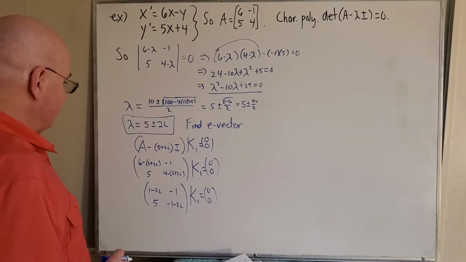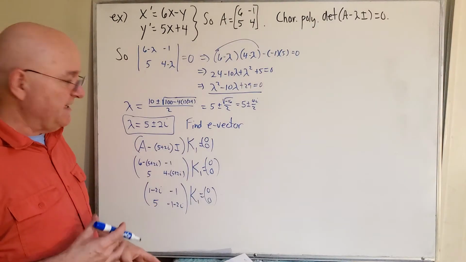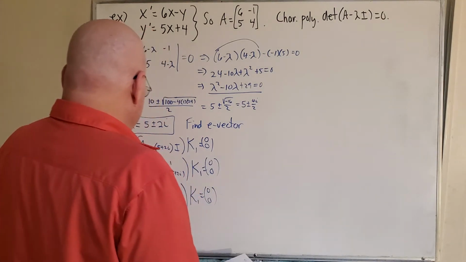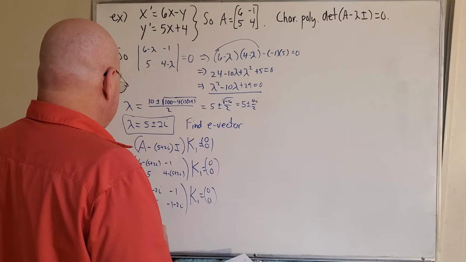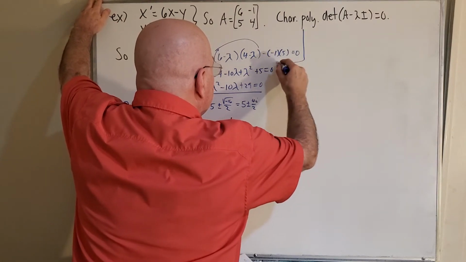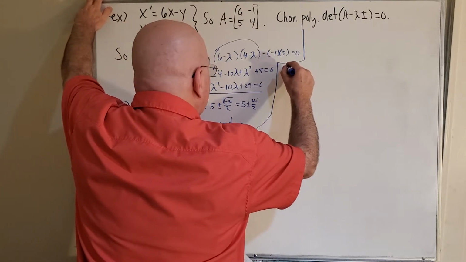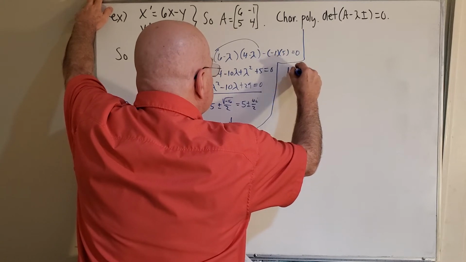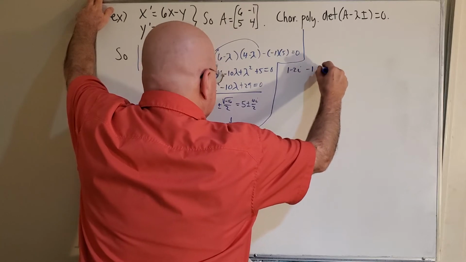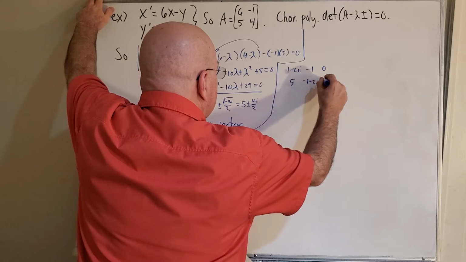All right, we're going to have to do some row reduction, Gaussian elimination, and turn this 5 into a 0. All right, let's see what happens here. I'm going to get the matrix 1 minus 2i, minus 1, 0. 5, negative 1 minus 2i, 0.